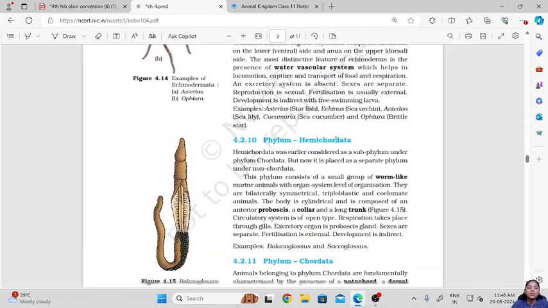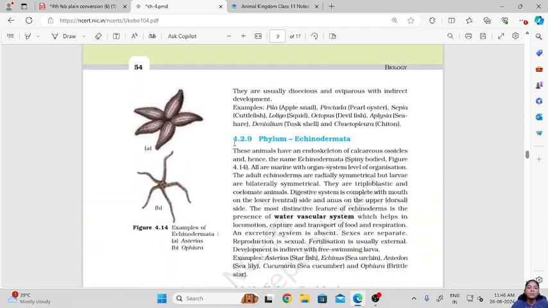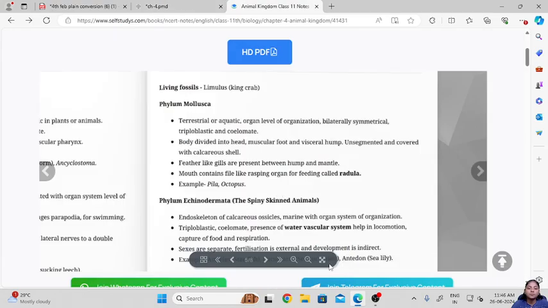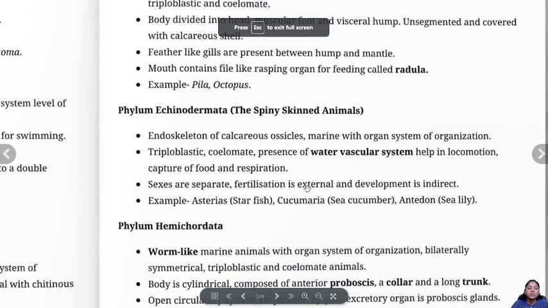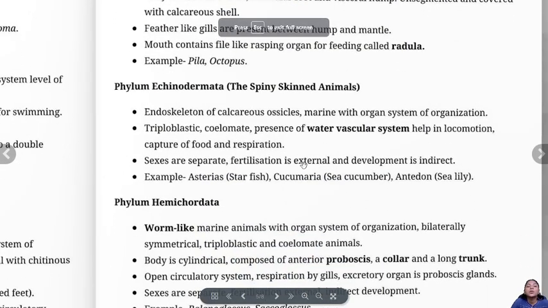Then the next phylum which we have is the Echinodermata. So these Echinodermata are the spiny skinned animals. Okay, so let us see. The endoskeleton is calcareous ossicles, marine with organ system of organization.